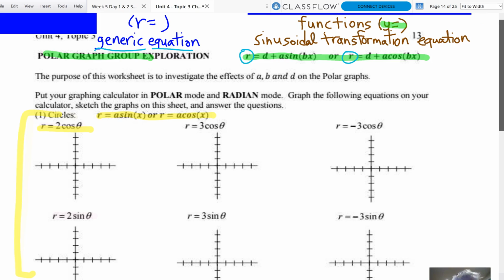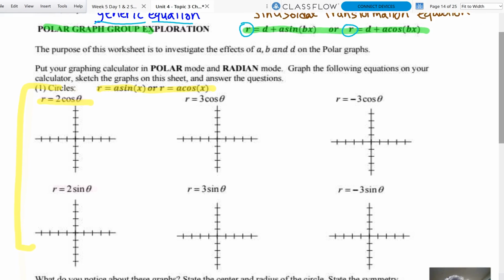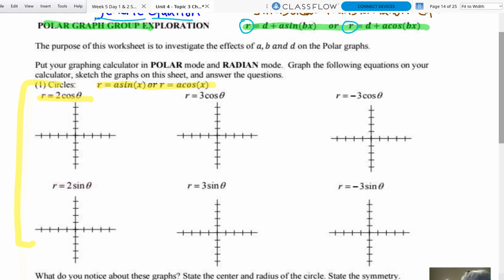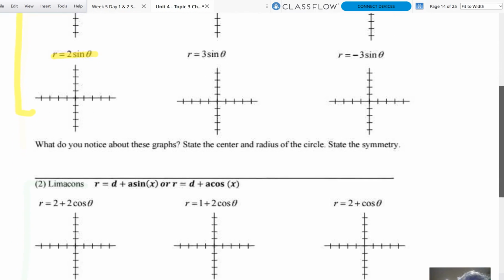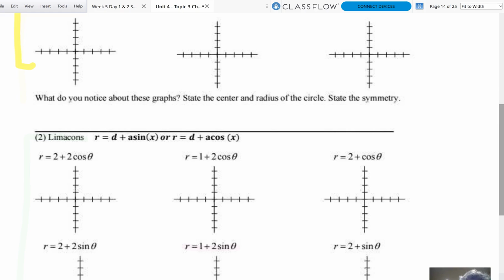So we did the graph 2 cosine. We did the graph r equals 2 sine theta. And also down here, again, I told you it was a limacon because it had that little loop. It wasn't exactly a round shape. Notice the transformation of the polar graph equation.